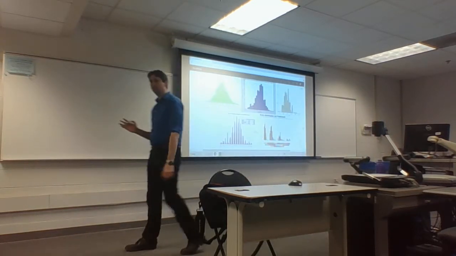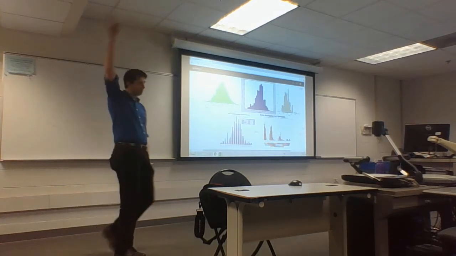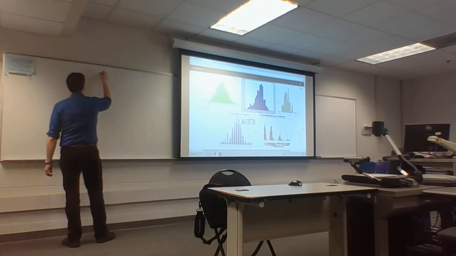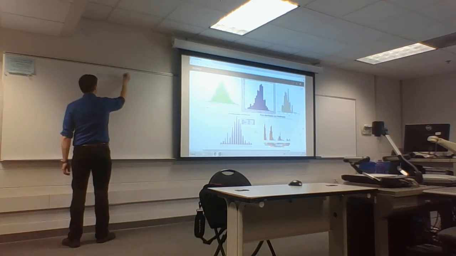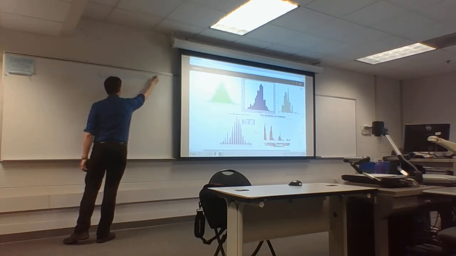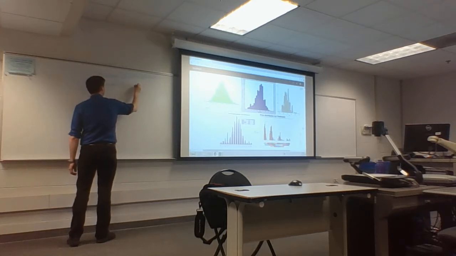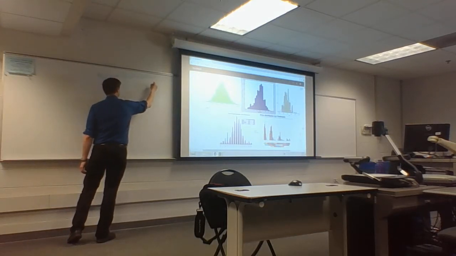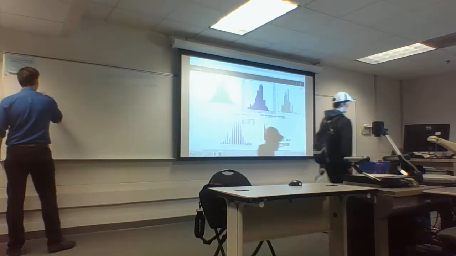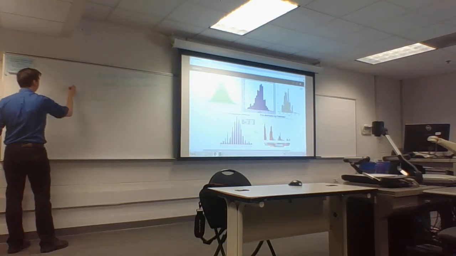Does anyone know what a normal distribution looks like? Bell curve, excellent. And this is when I get to show off my awesome bell curve drawing talents, because when you teach statistics, you draw a lot of these.